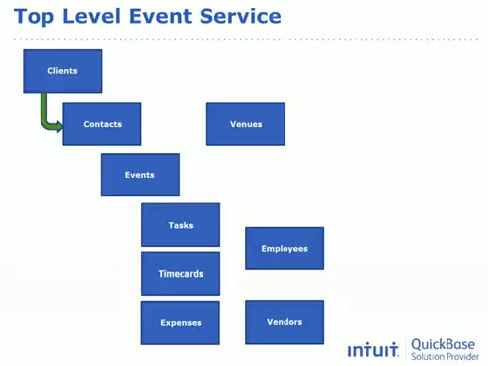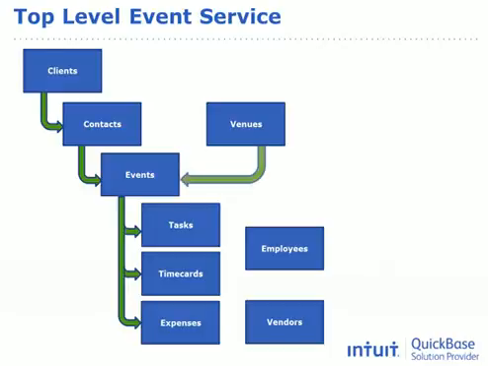Repeat this process for the relationship between contacts and events, and then again for events to tasks, time cards, and expenses. Venues will be the parent table to events, and vendors to expenses. Employees will be the parent to 2 tables, tasks and time cards.